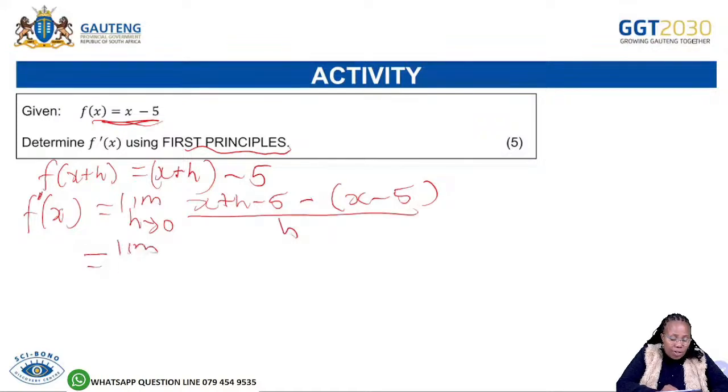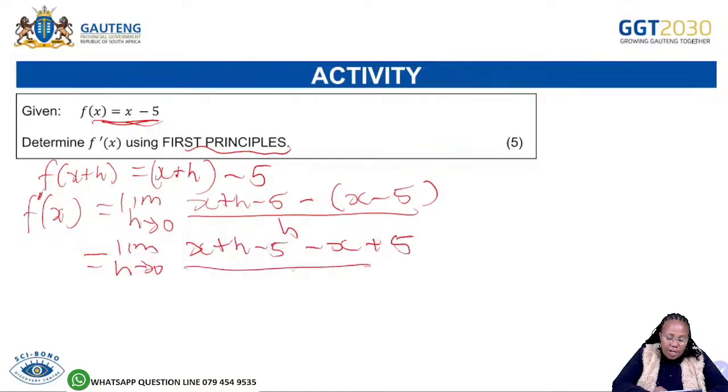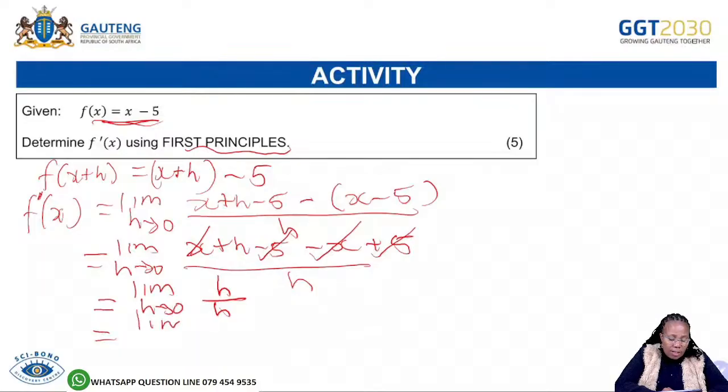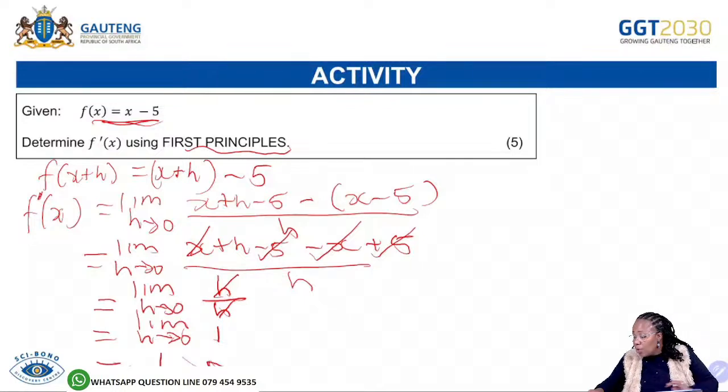Now we have x plus h minus 5 minus x plus 5 over h. x minus x, 5 minus 5. Always after this part, you must be left only with the h, everything with an h. And then this is the limit of h approaching 0, h over h is once, then the answer. Look at the answer, no more limit on your answer, grade 12. On your final answer, there is no limit on that answer.